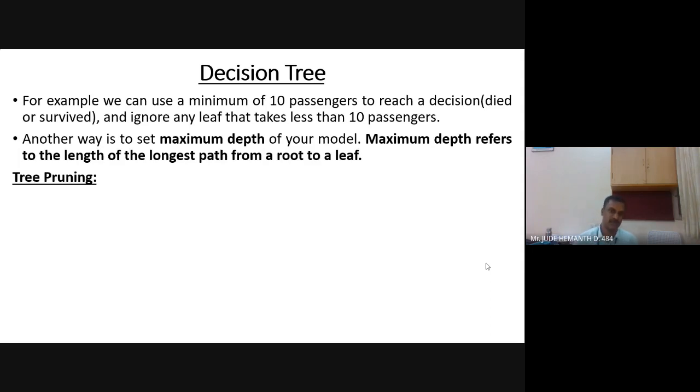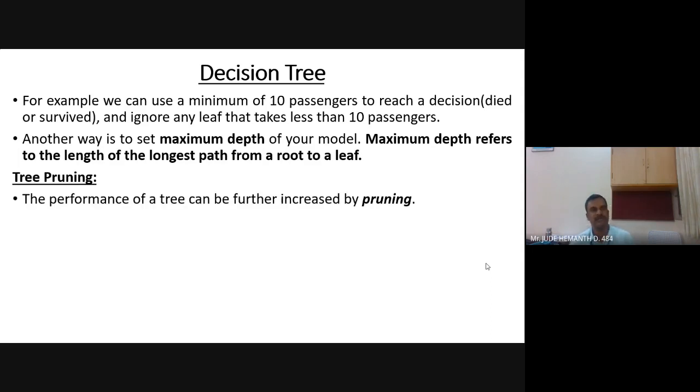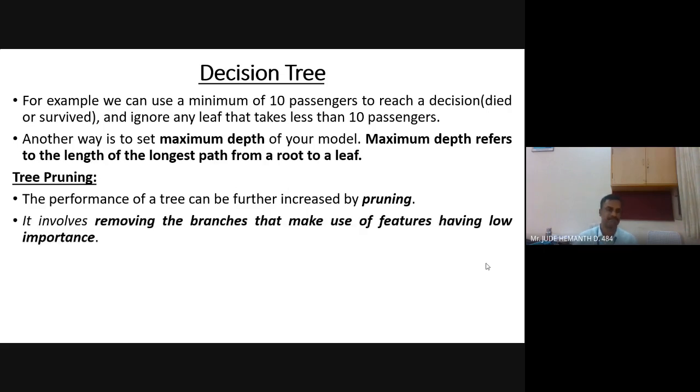So once you have grown this tree, now it is your duty to reduce the number of branches, as we have seen, by minimizing the leaves or maximizing the depth. And this performance of tree pruning will definitely increase your accuracy. Right? That same concept. It involves removing the branches that make use of features having low importance.